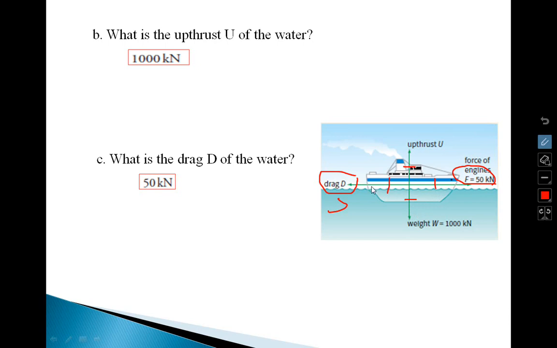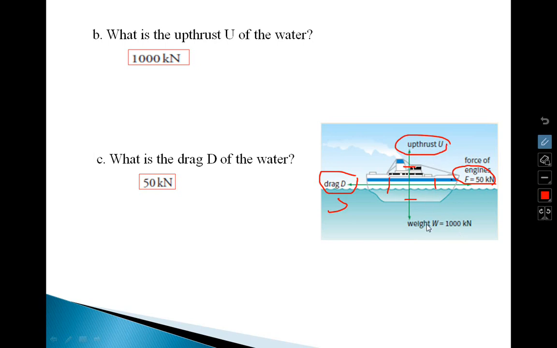Then the summation of the forces in the horizontal direction is equal to 0. To make it 0, this one must be equal to 50: 50 minus 50 is equal to 0. Same in this direction. The weight is equal to 1000 kilonewton, so U is equal to 1000 kilonewton.